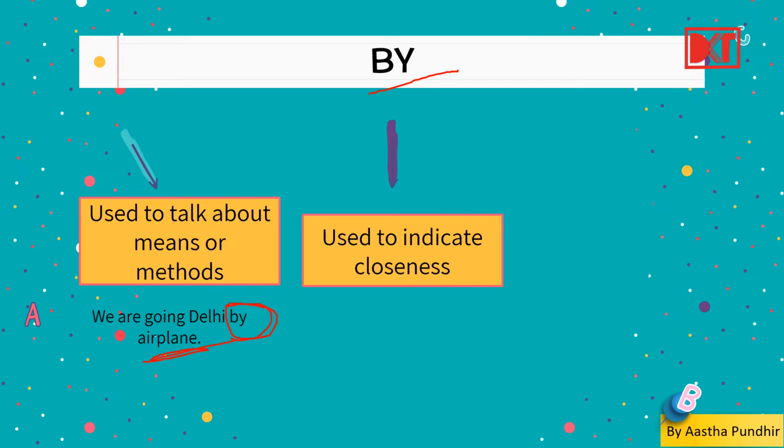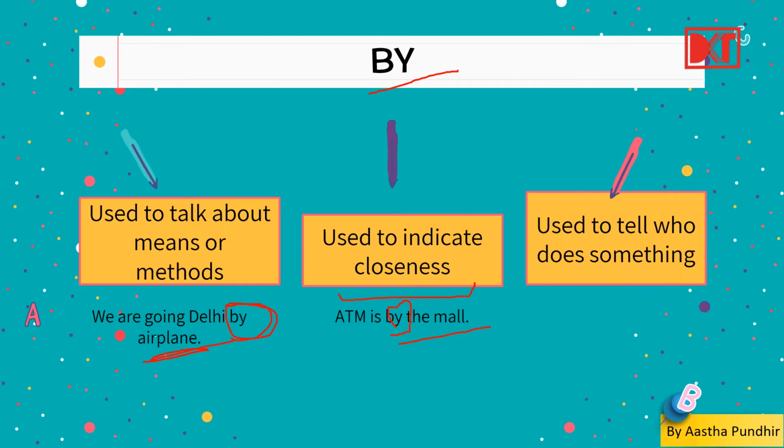Used to indicate closeness. Closeness of something. ATM is by the mall. ATM is near the mall, so we can say by the mall. Used to tell who does something. Letter was delivered by the postman. So who did what? The postman delivered the letter. By. These are the various ways in which we can use "by."